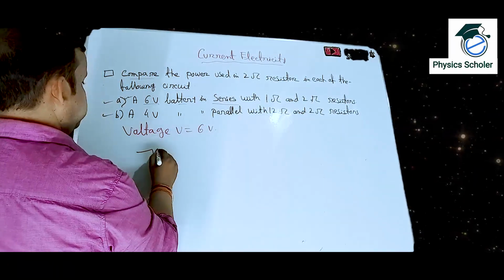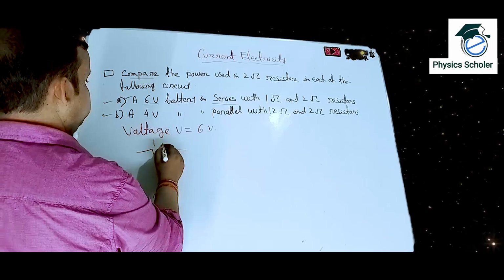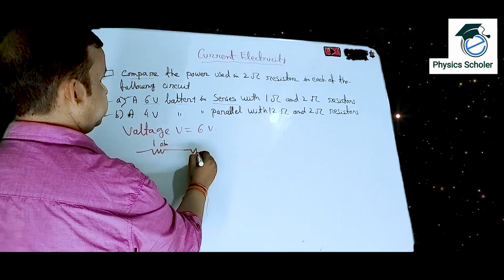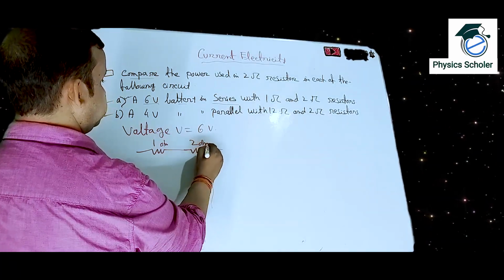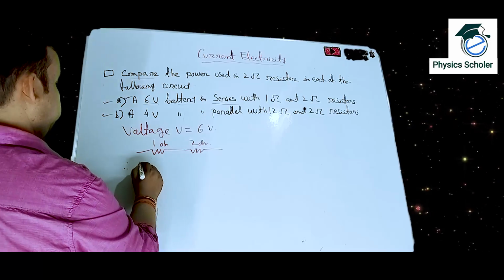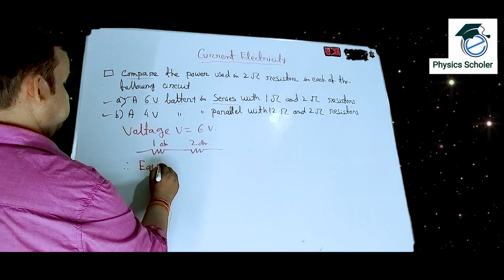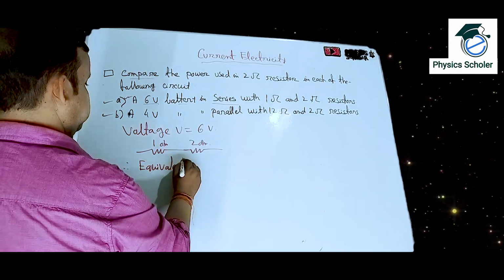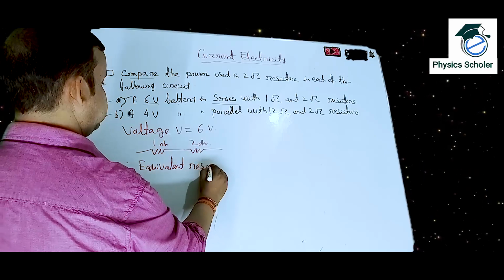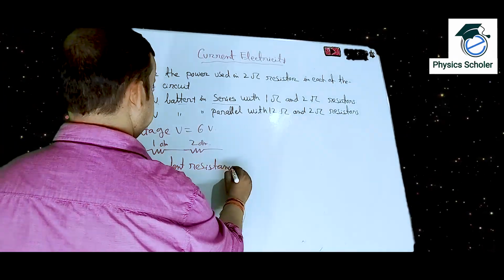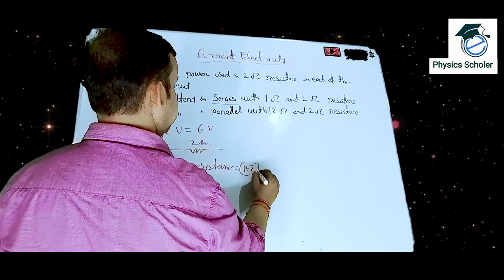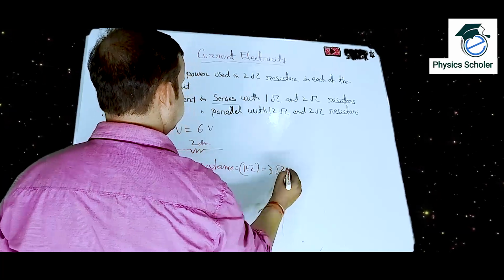So these two resistances are in series, 1 ohm and 2 ohms. So the equivalent resistance is equal to 1 plus 2, series, is equal to 3 ohms.